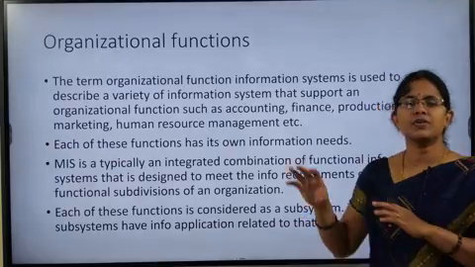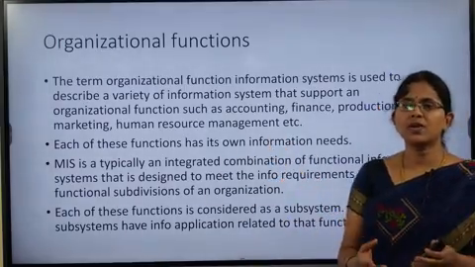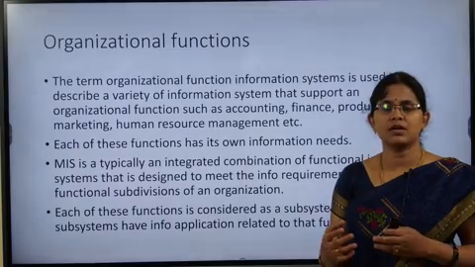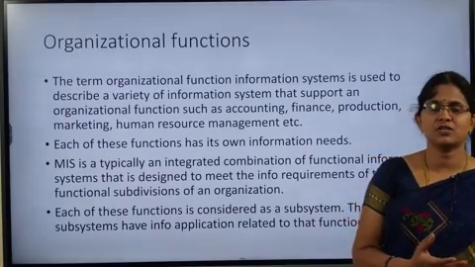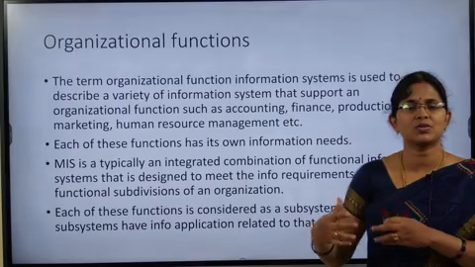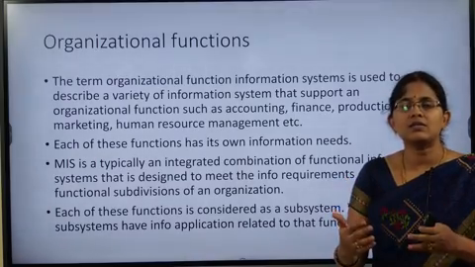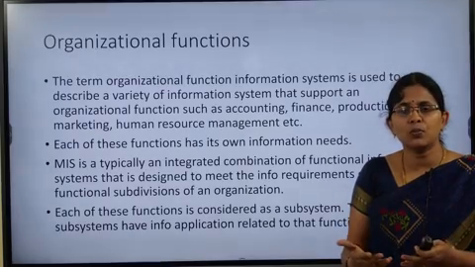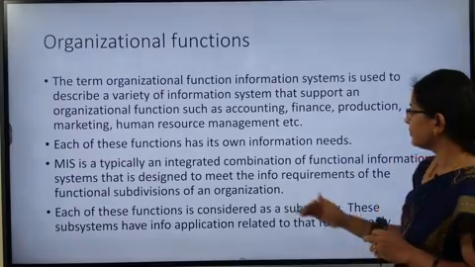Each of these functions has its own information needs, because the human resource information system requires one type of information, the financial information system requires one type of information, and the accounting information system requires one type of information. So based on its needs, the organization should be able to produce that information by using the MIS.